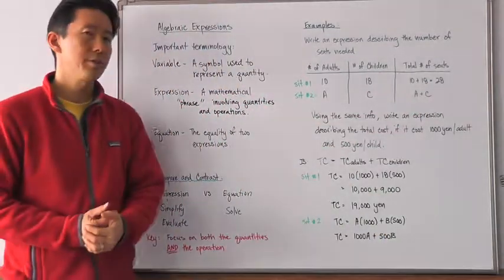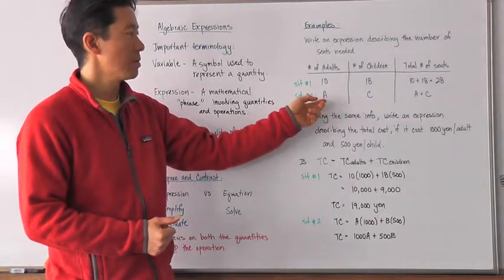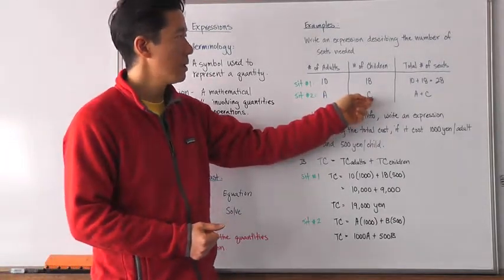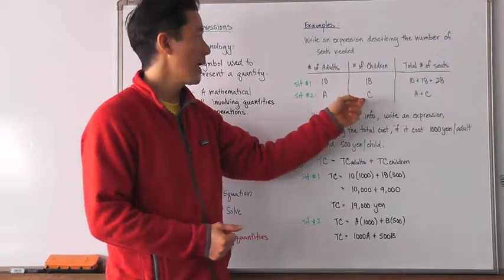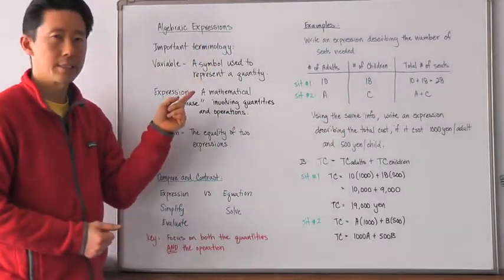Now in situation number 2 it's a little bit different, because we don't know what the total number of adults is, and we don't know what the number of children is. If that's the case, then we're going to use a variable to represent those quantities.